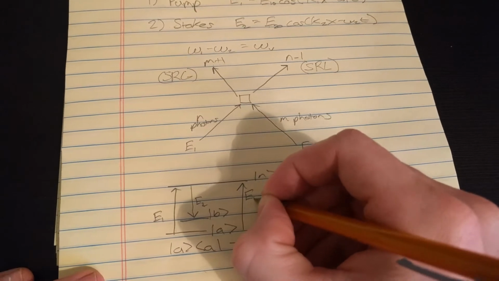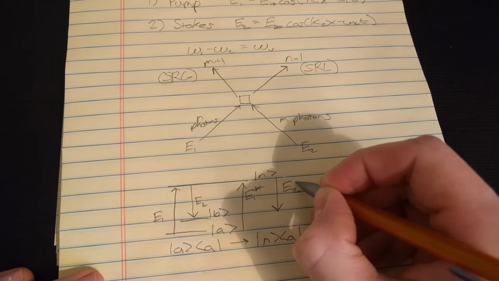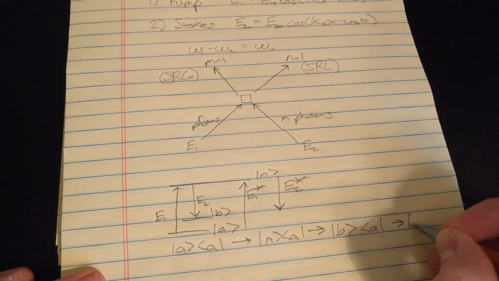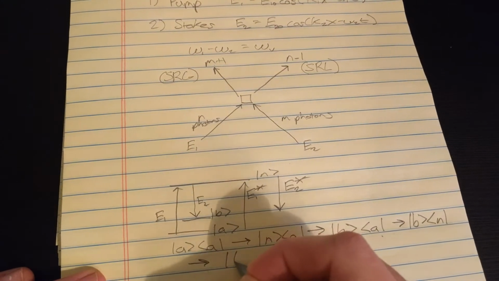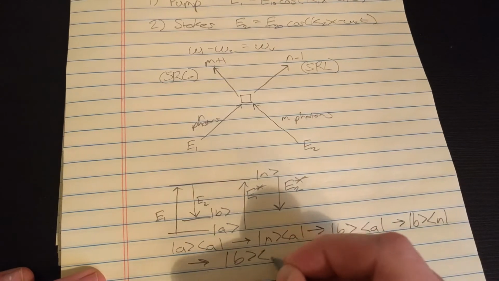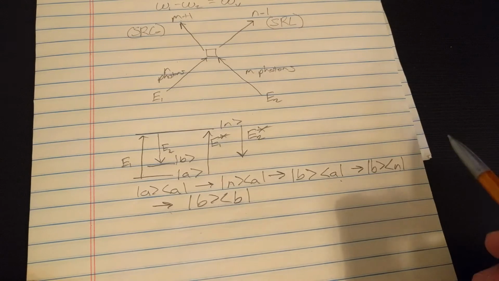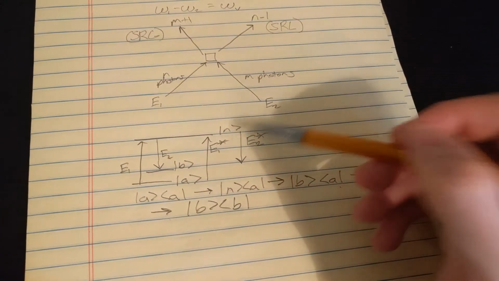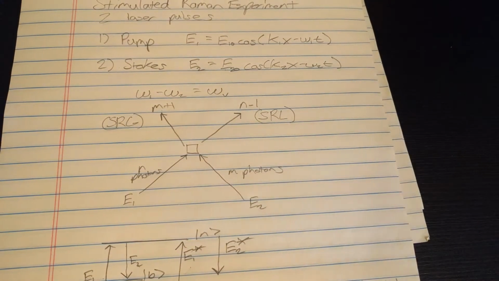So the imaginary part of E1 interacts, and the imaginary part of E2 interacts. So this stays B, this goes to N, and then lastly, this N changes to a B. Okay, so that's essentially the process, and there's real and imaginary parts because you can write the cosine in terms of complex exponentials.